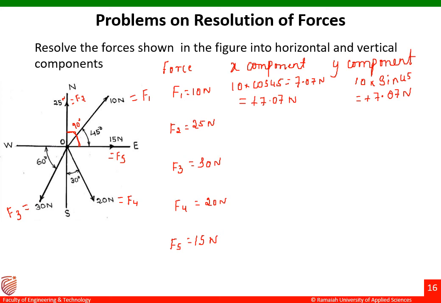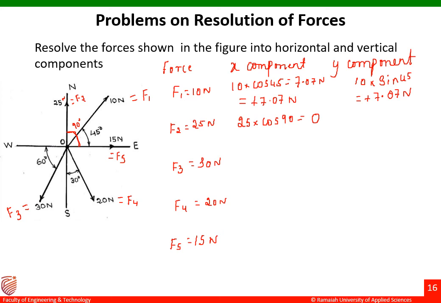We'll just write the formula for this, that is 25 into cos 90 degrees. So cos 90 into 25 would be 0. You can see cos 90 is 0 there, 25 into 0 would be 0.